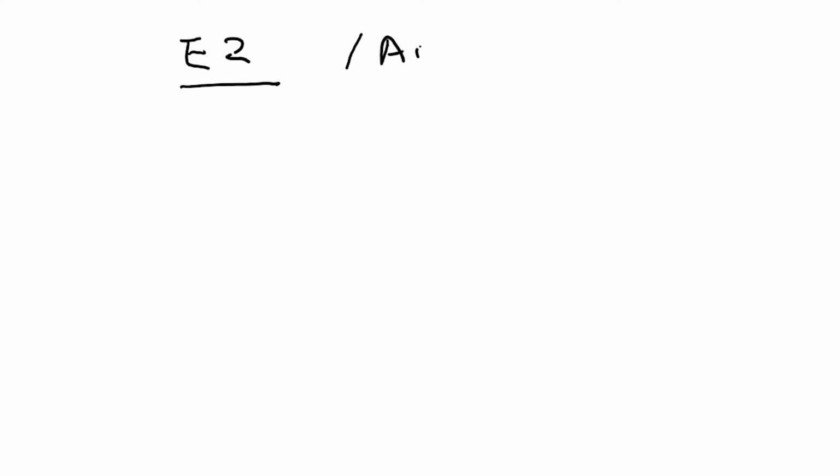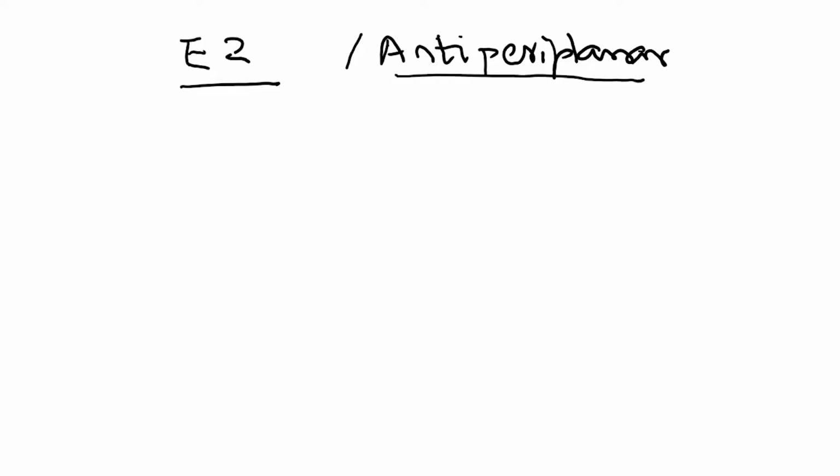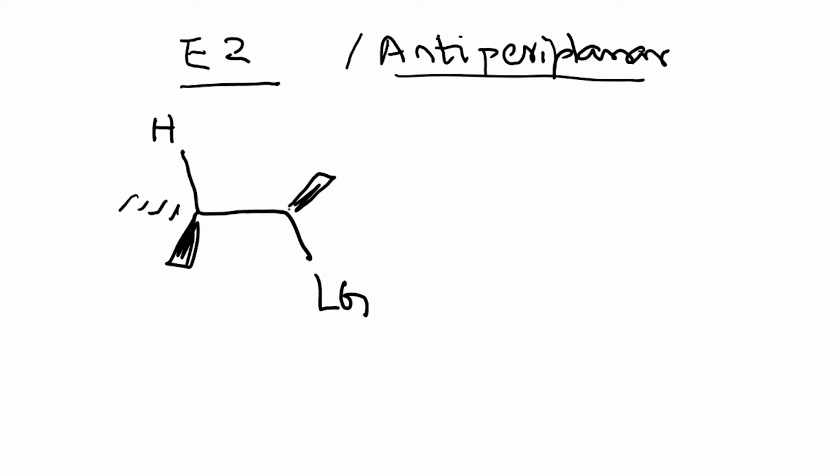Okay, so anti-periplanar configuration or anti-periplanar geometry is in place. What this means is that you have the leaving group here and hydrogen over here, and the other groups are in this kind of orientation.